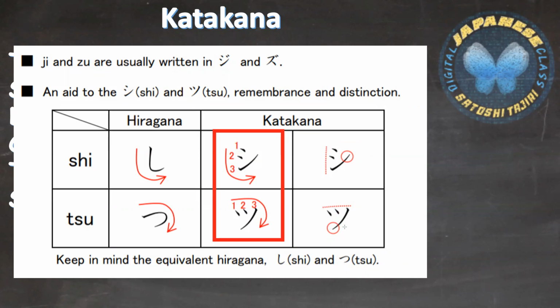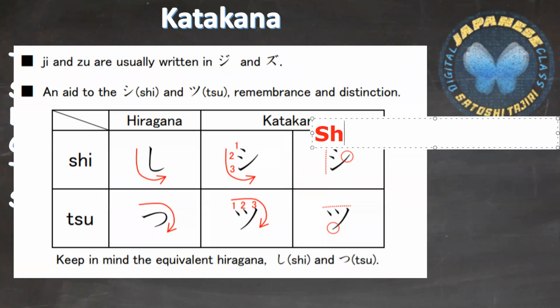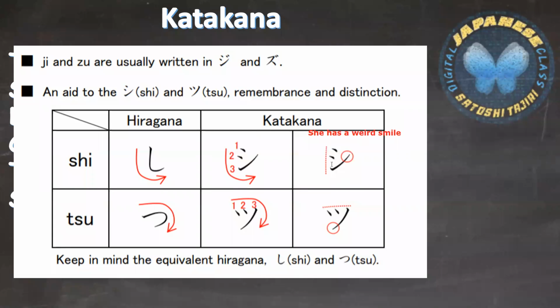And here it's going up, okay. So like for me, I'm always thinking here for our shi, because it looks like a smiling face, you can say she has a weird smile, okay, because her smile here is different.